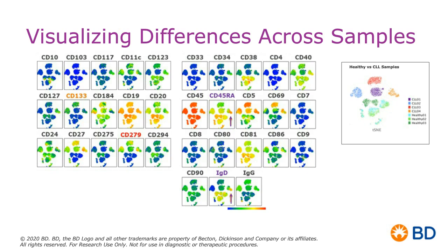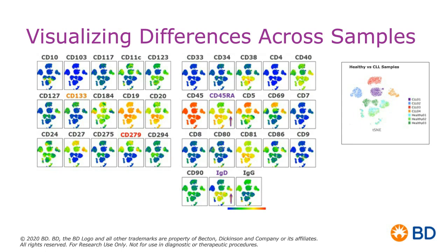Again, this is a tremendous amount of information just from a quick glance at these protein expression overlays, telling us which proteins are expressed in these specific CLL samples and probably driving the different clustering that we're visualizing.